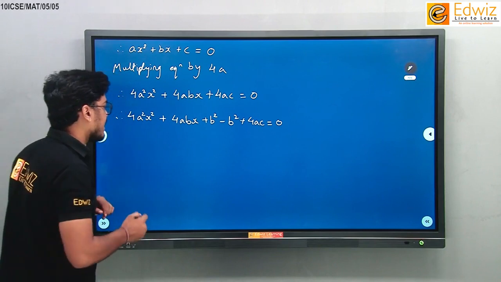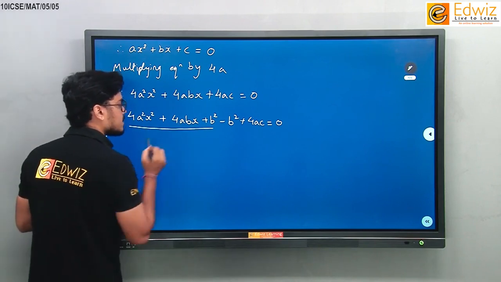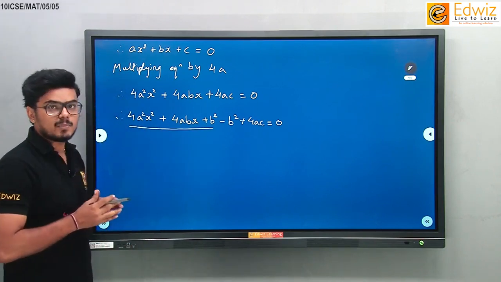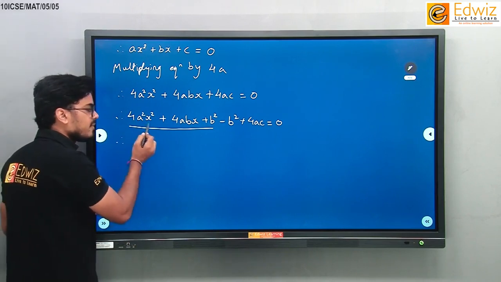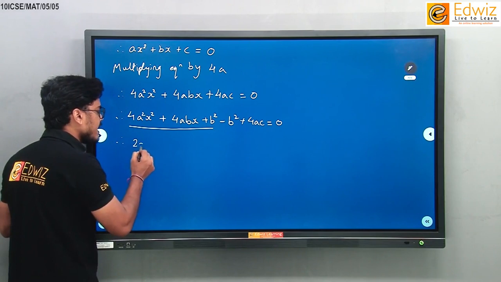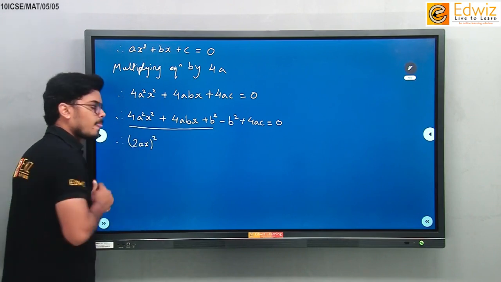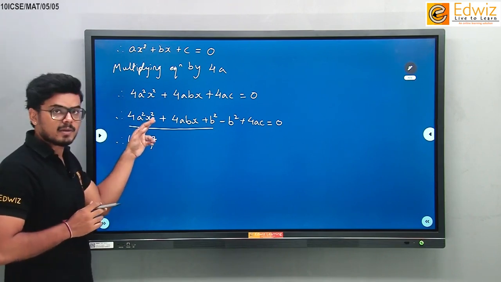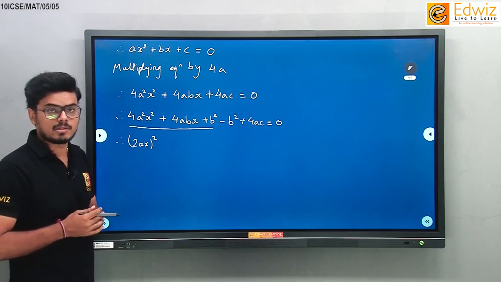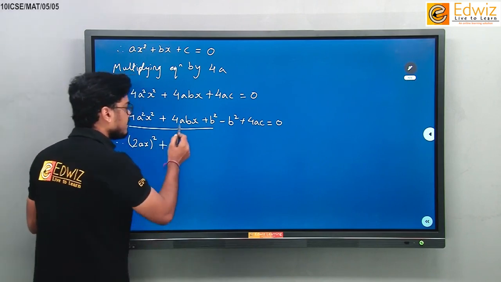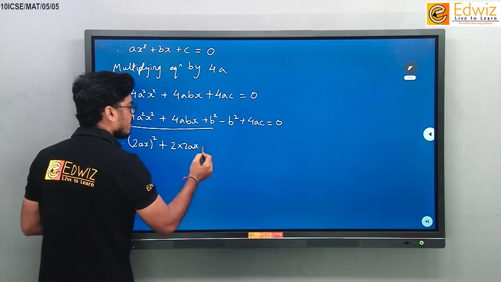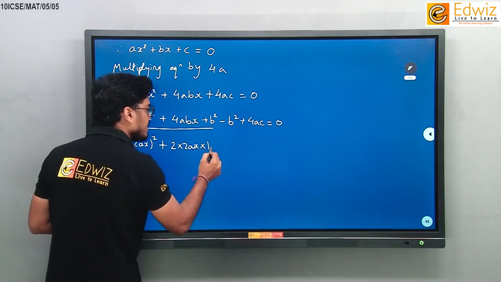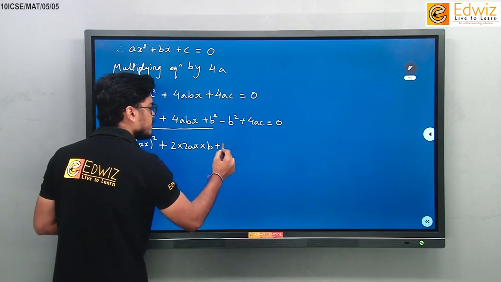So how will that come? You can see these three terms. Okay, you can compare them to an identity. Here if you notice, this is a perfect square, this is 2ax the whole square. Correct? 4a square x square is nothing but 2ax the whole square plus this is 2 multiplied by 2ax, multiplied by 1b, and the last term here is b square.